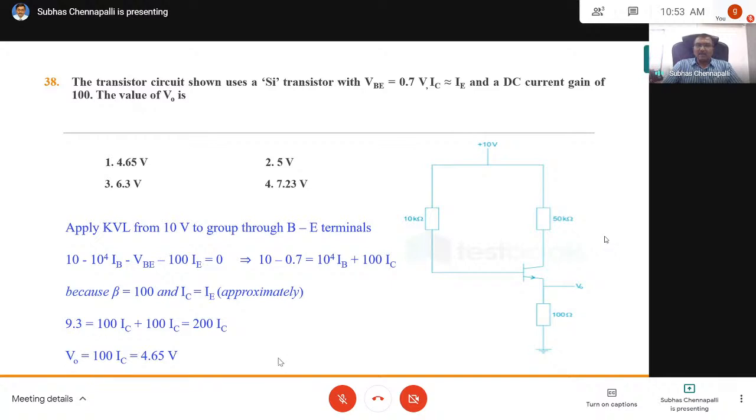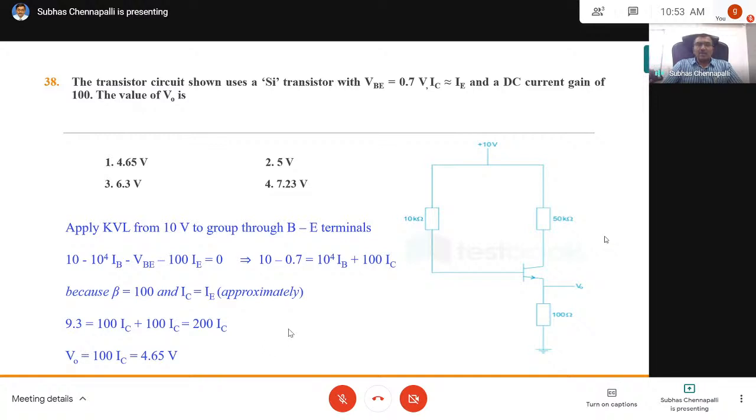Then V naught is 100 times IC, so we get 4.65. One step we have to do here: IC has to be calculated, that is 0.0465 amperes.